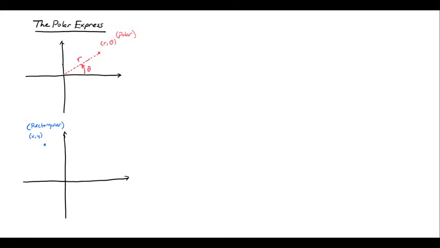I know that the rectangular coordinates at that point are x equals r times cosine theta and y equals r times sine theta. So the rectangular coordinates would be r cosine theta, r sine theta.